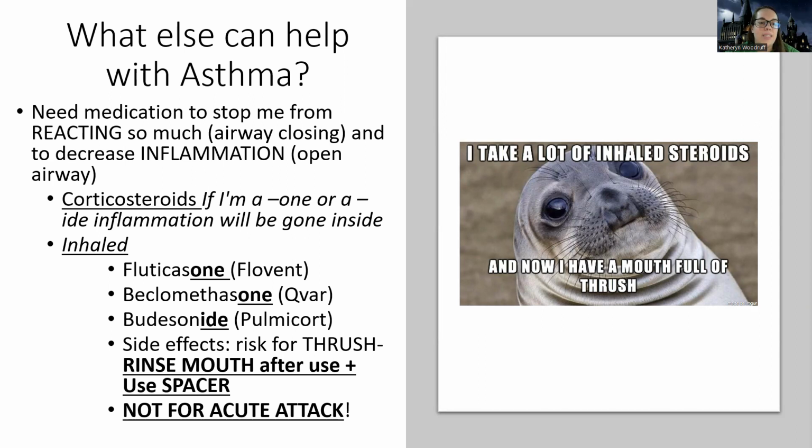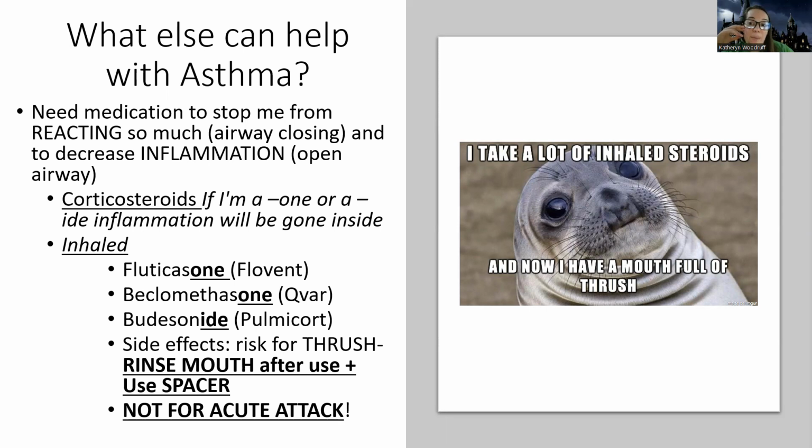Something to keep in mind is these inhaled steroids are great, and we do use them. When patients come in, if they're not already on them, they're going to get started on this. But just realize that these don't work right now, like albuterol, which literally within seconds can open your airway. A patient getting steroids, it's going to start working, but not immediately, like, ta-da, your airway is now open.